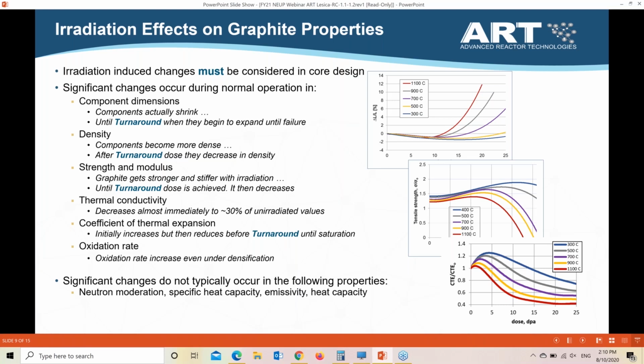There are density changes: it becomes more dense, and then it decreases in density, and so on and so forth, as you see listed on the slide. However, there are several bulk properties that have very little change over time due to irradiation. That's the ability of graphite to be a neutron moderator. There's little change in specific heat capacity, emissivity, and heat capacity.